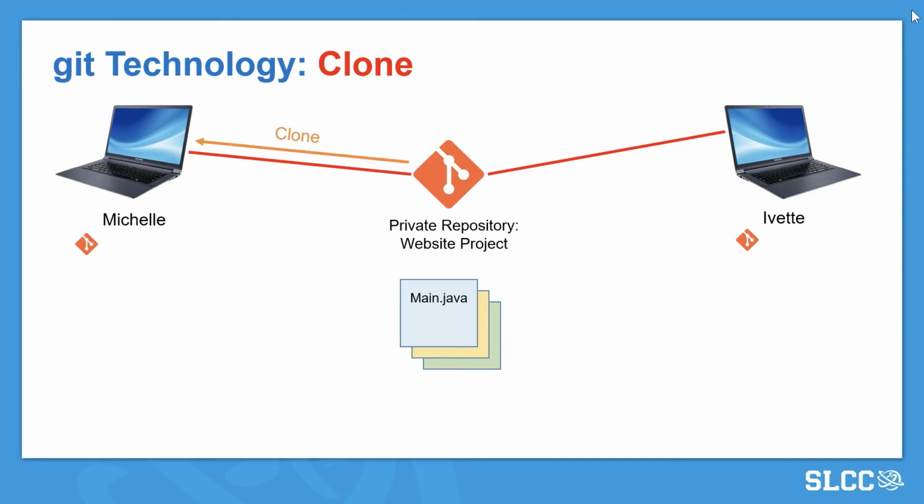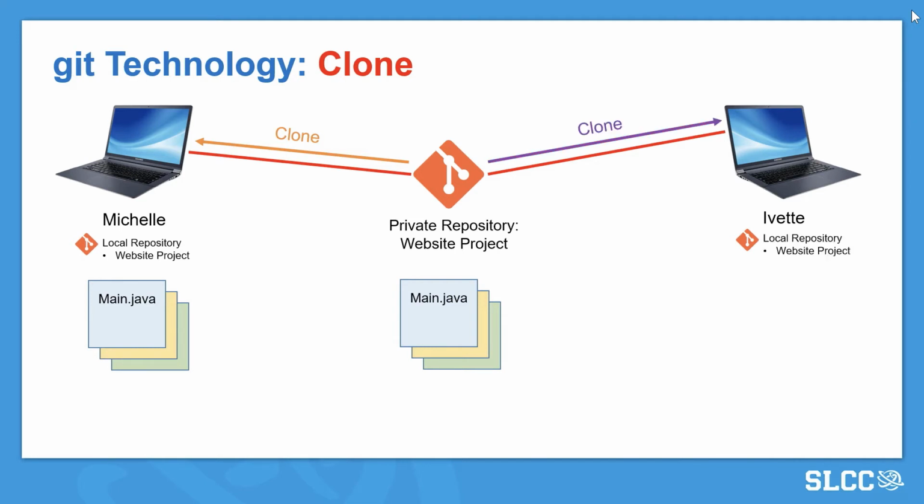Michelle does a clone, which brings a copy of the website project to her computer. She ends up with that local repository, and at that moment she has a duplicate of whatever the state of that website project was on that cloud server at that moment. Yvette does the same thing. She ends up with her own copy of the website project and ends up with a duplicate.